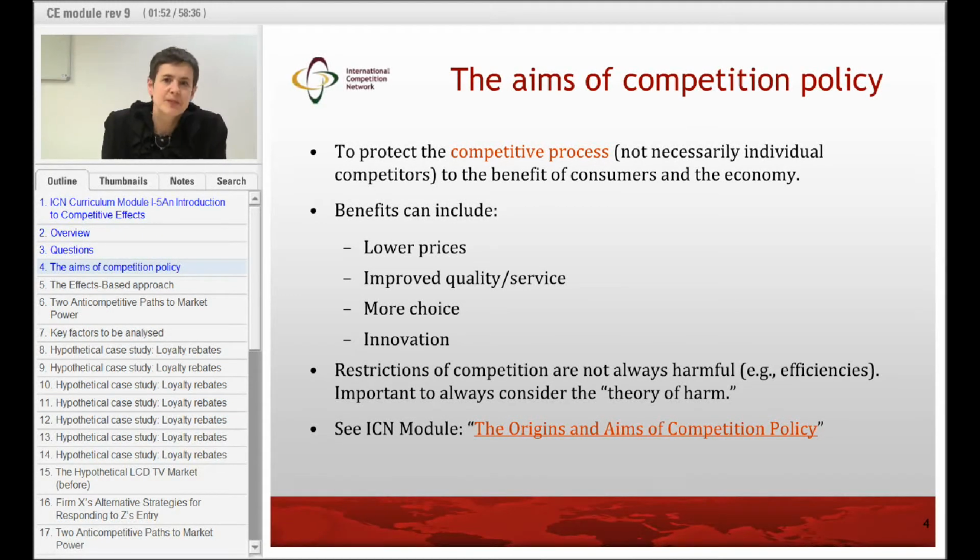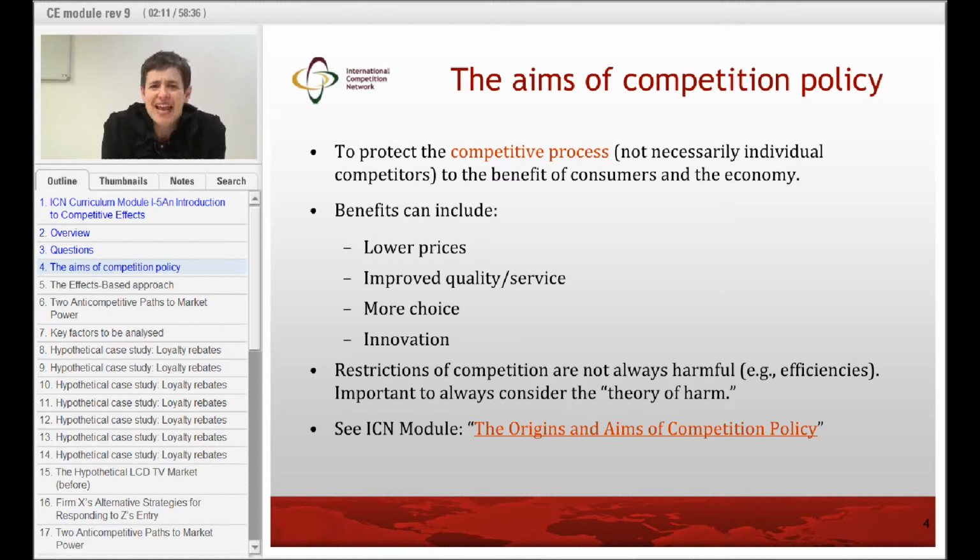To start, let's begin with the aims of competition policy. In a competitive market, firms do best when they offer consumers the products and services they most want at the lowest possible prices. So it's this competitive process that leads to the most beneficial market outcomes.